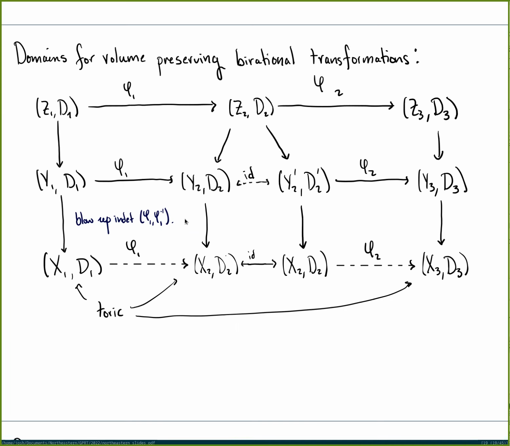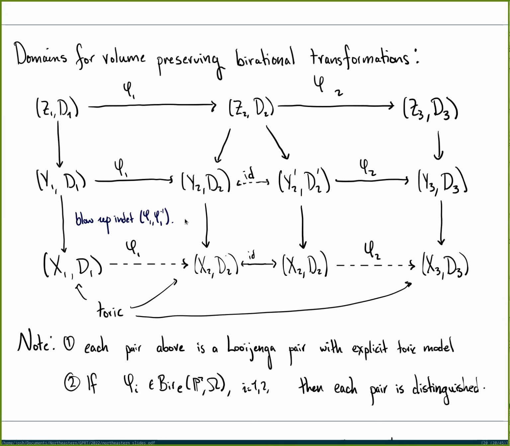So the idea here is that if you want to think about a set of spaces where the full birational transformation group acts, you need to allow all blowups. And two points here. How I've constructed these surfaces is manifestly a log Calabi-Yau pair, or one of these log Poincare surfaces with an explicit toric model, because an explicit toric model is where I take a toric variety and blow up points in the interior of the divisors.